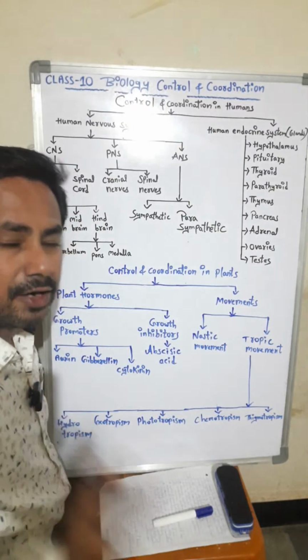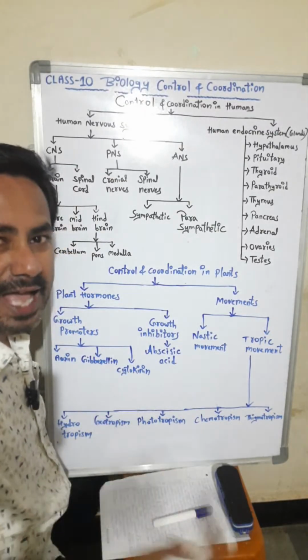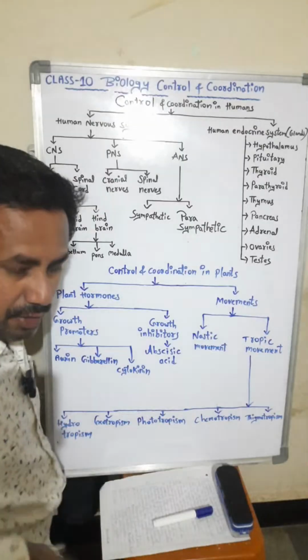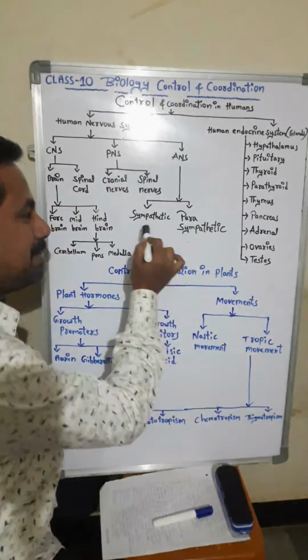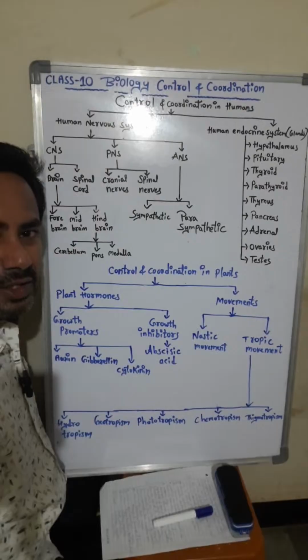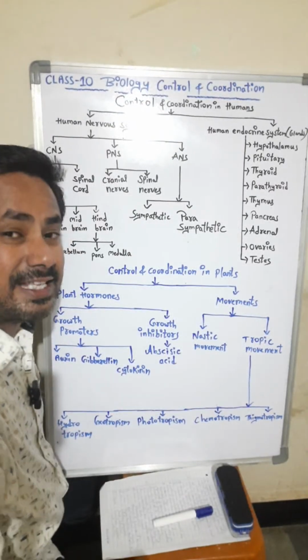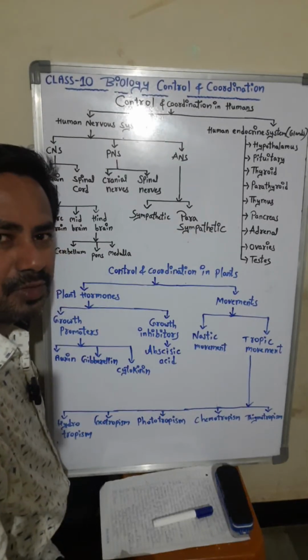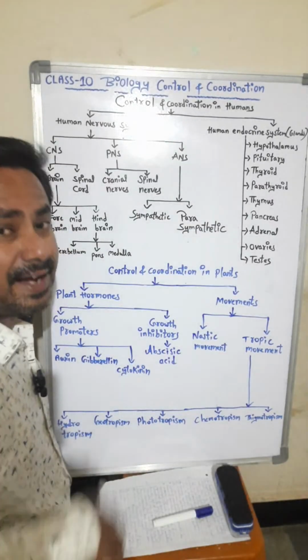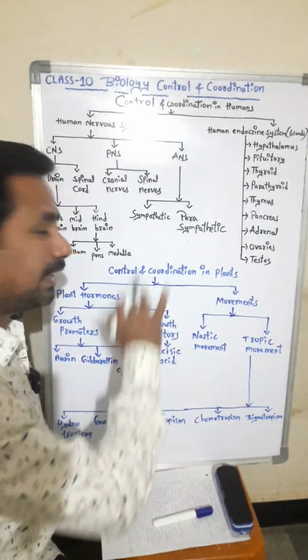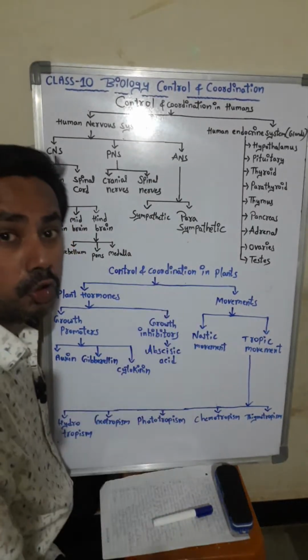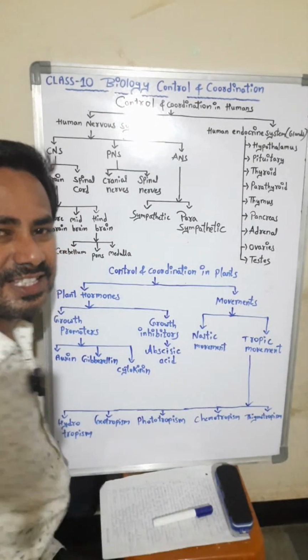We are not deliberately blinking. It happens automatically. We breathe in and we breathe out. How? Sympathetic, parasympathetic. One is for closing and another for opening of our eyes. Just an example I am telling you. Inhalation and exhalation of air are done by sympathetic and parasympathetic, the autonomous nervous system.